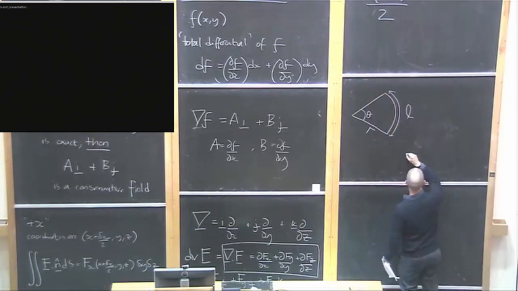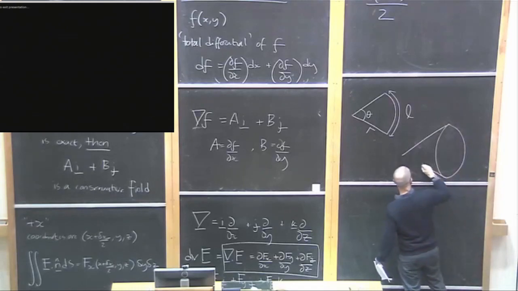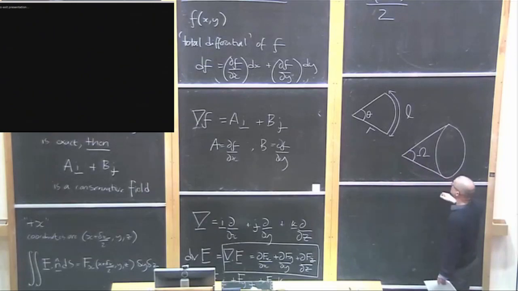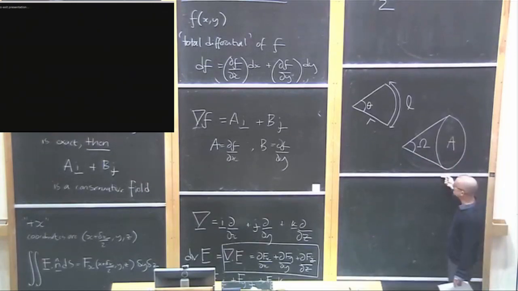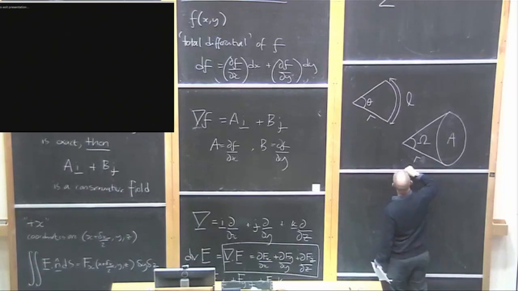In the 3-dimensional case, we say that we have some solid angle, and this is an area that is now mapped out, where the area is the area of the surface of a sphere mapped out around that solid angle, where again my distance here is r.